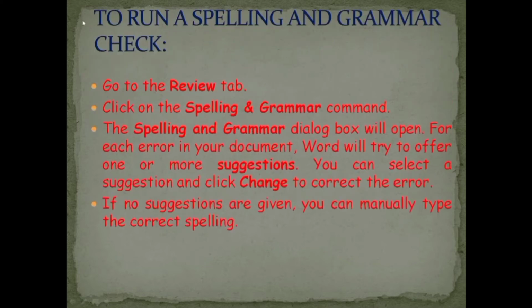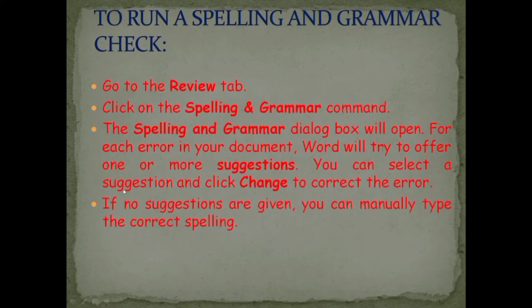Now, here are some steps to run a spelling and grammar check. First, we have to go to the Review tab, then click on the spelling and grammar command. Then the spelling and grammar dialog box will open for each error in your document. It will offer one or more suggestions.